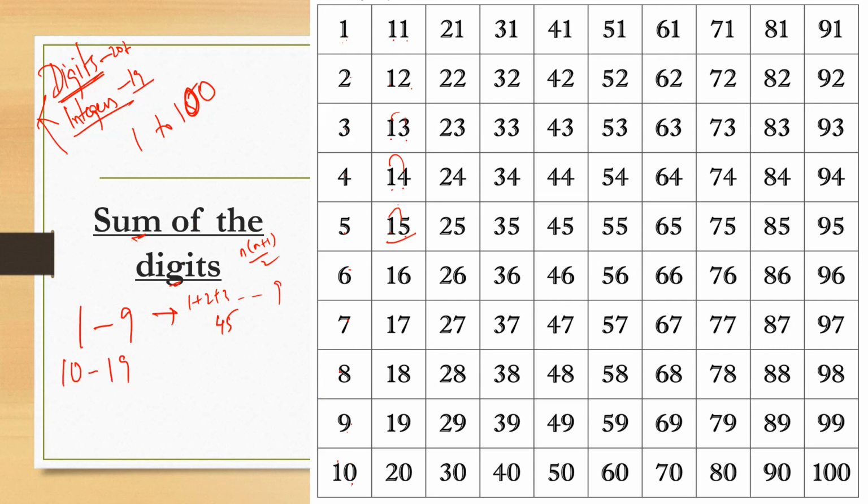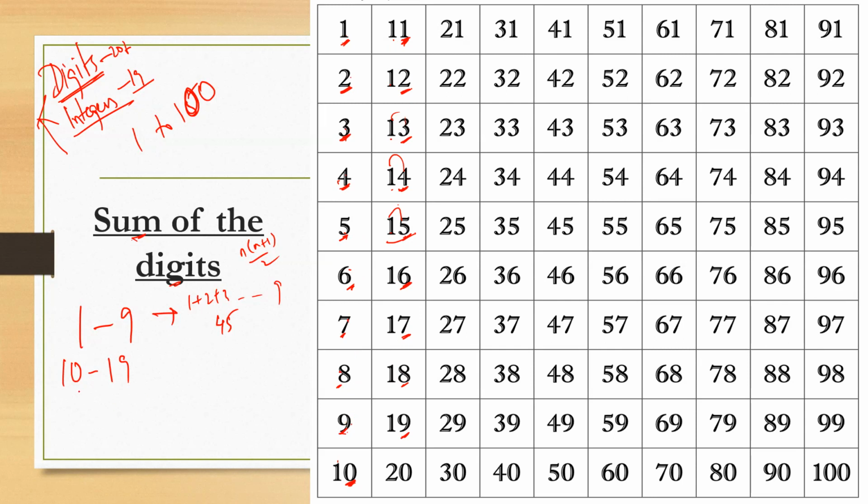Here, if we observe just the digit in units place, it is basically repeating itself. See here, it is 0, does not add a value. Here it is 1, just like here. Here it is 2, just like here. 3, just like here. 4, just like here. 5, just like here. 6, same. 7, same. 8, same. 9, same.